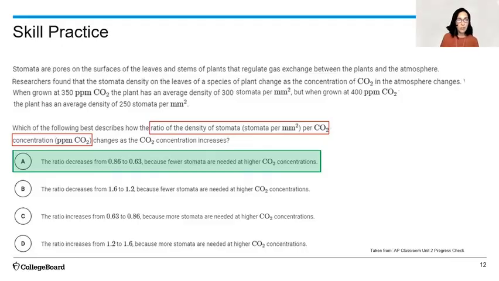So when the CO2 concentrations were less, you would have taken 300 stomata per millimeter squared and divided that by 350 parts per million CO2 to get 0.86. And then you would take 250 stomata per millimeter squared and divide that by 400 parts per million CO2 to get 0.63. So that's how those ratios would have been set up and calculated to get that answer, which is choice A.